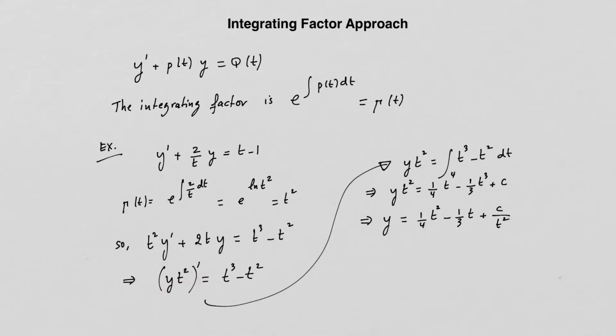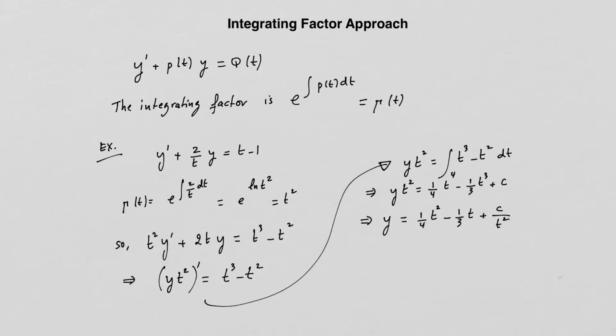The left-hand side remains the same, and the right-hand side, you get this minus that dt. You integrate this side, you get 1/4 t to the 4th minus 1/3 t cubed plus a constant now, because we're looking for a general solution. And then you divide by t squared.